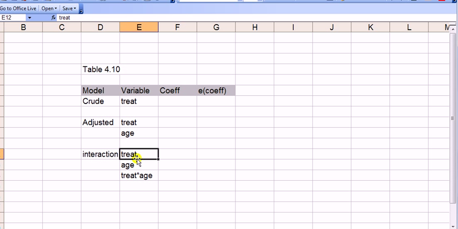If we look at the adjusted one, because treatment is coded 1 and 0, there will be one model if we set treat to 0, which we can write out, and one model if we set treat to 1. Similarly, when we have reached here, we can see that there are going to be two models. The focus is on looking at this term, testing is it significant, and then we're going to interpret it.